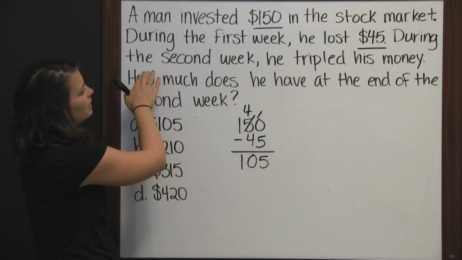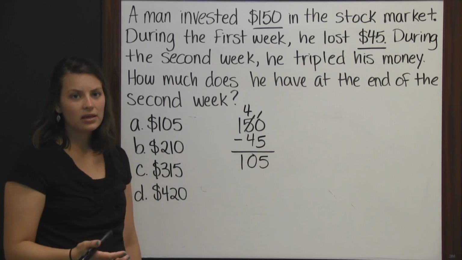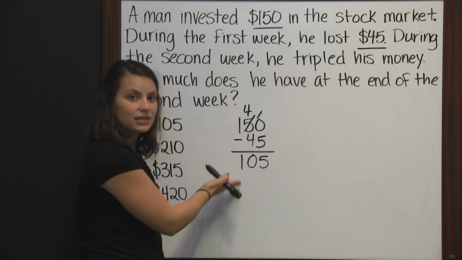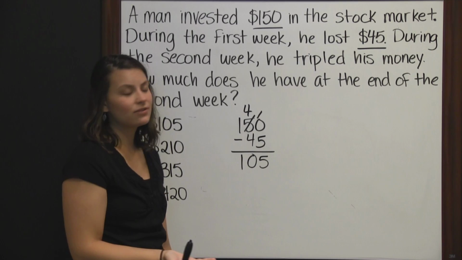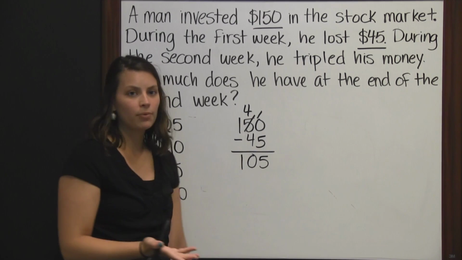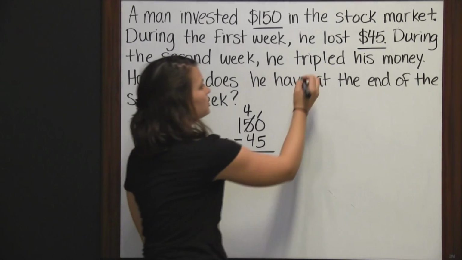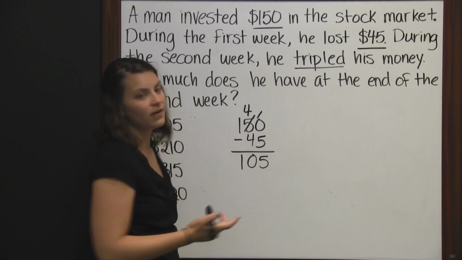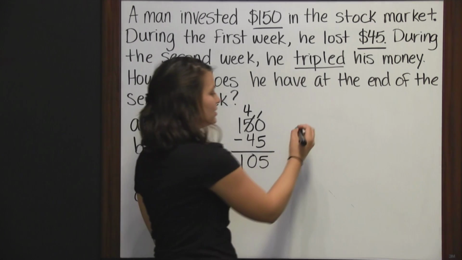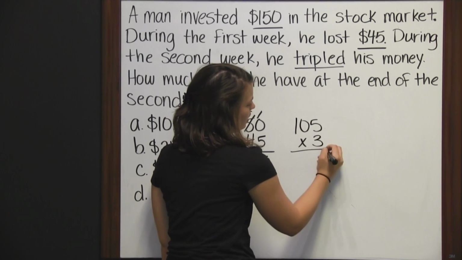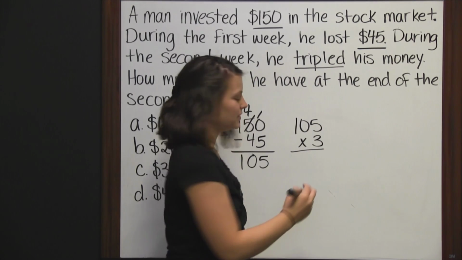Moving to the second sentence, we see that during the second week, he tripled his money. Remember, this is his money now since he lost the $45. So this is what is tripled. And tripled means times 3. So we're going to take $105 and multiply it times 3. 3 times 5 is 15.